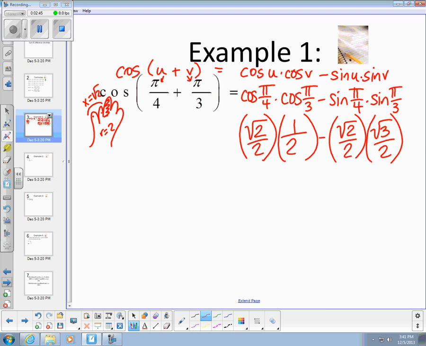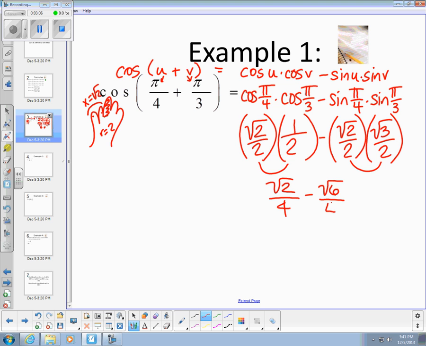So now I just have an order of operations problem. I'm going to multiply before I subtract. Square root of 2 over 2 times 1/2 is the square root of 2 over 4. Multiply straight across. And then subtracting, when I multiply the square root of 2 times the square root of 3, I get square root of 6.